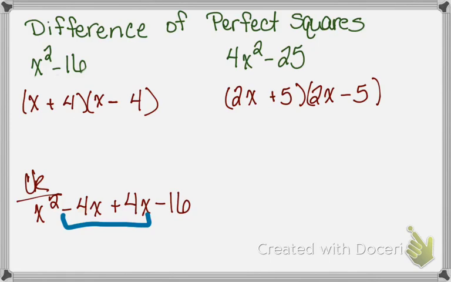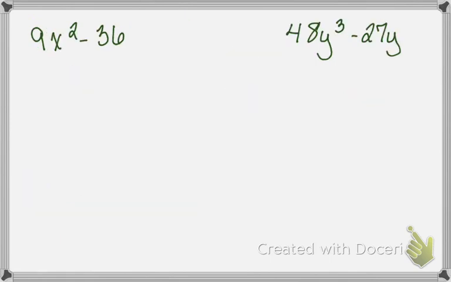Okay? The next one that I have, I want you to be careful on this one. 9x squared is perfect, and 36 is perfect. But there is a greatest common factor that I can take out of this. What comes out of 9 and 36? 3 does. Is there something bigger than 3? 9 itself comes out of it.